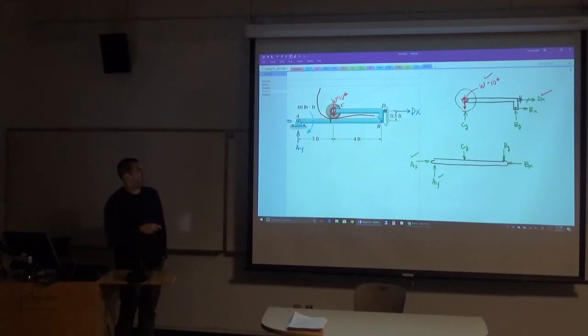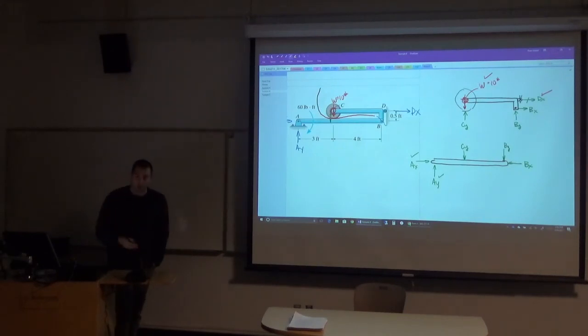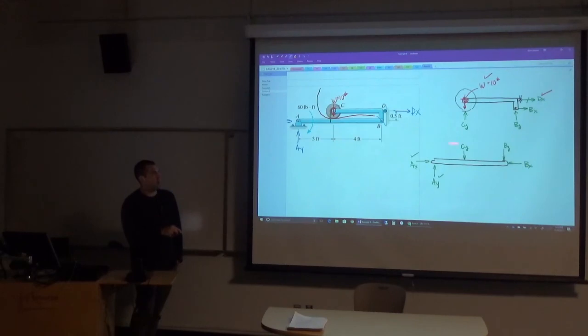We haven't really done that before. And then the couple moment I think can throw some people for a loop. But fundamentally, other than being clever about where you make that section cut, it's all the same steps that we've been doing before. Some people get a little bit paralyzed by choice right here, but you can choose either everything above the section cut or everything below the section cut, and you'll get the exact same answer.